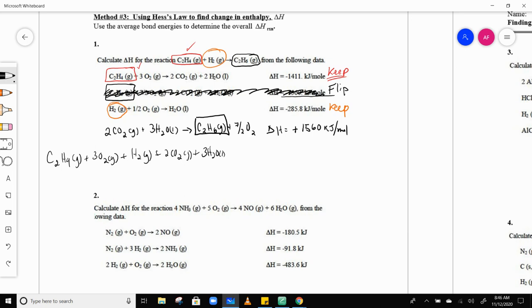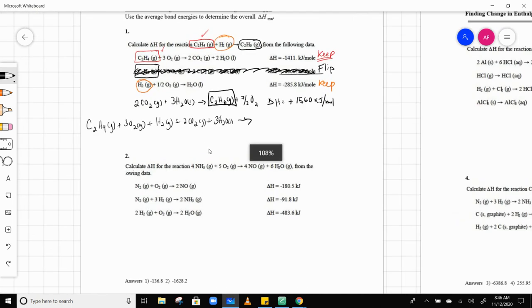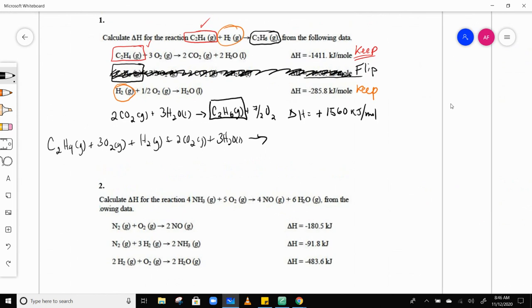Okay, so that's all the reactants. And that yields the products. So I'm going to write all the products. So 2CO2 plus 2H2O.